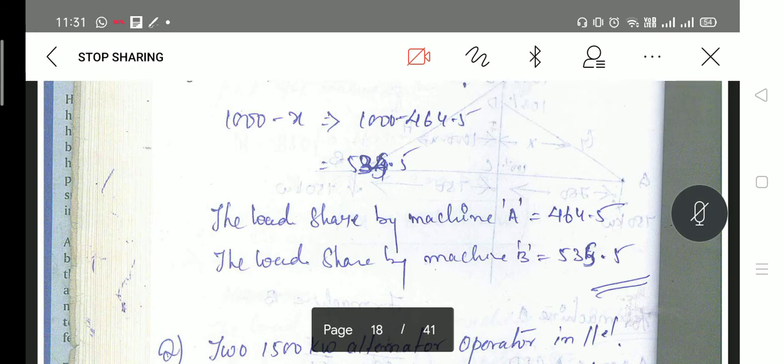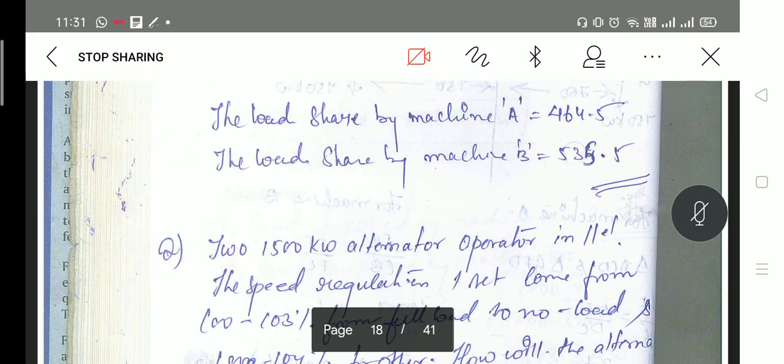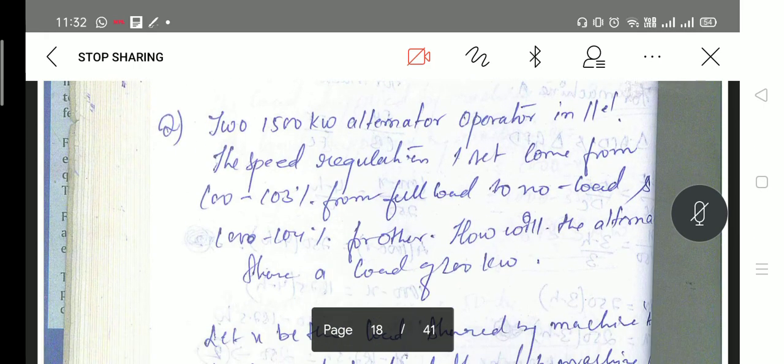I will go to the next problem. These model problems compulsorily come in your external question papers, so all of you listen carefully. I am going to the next problem.